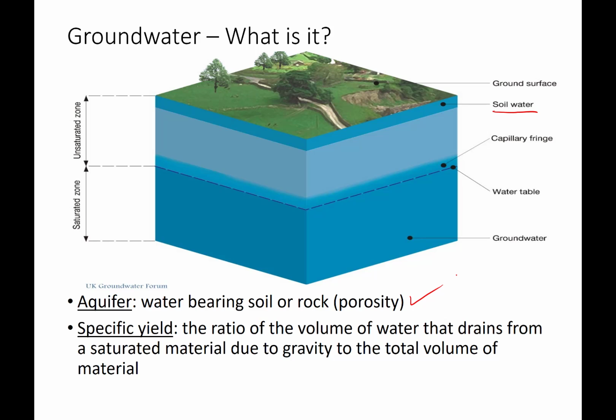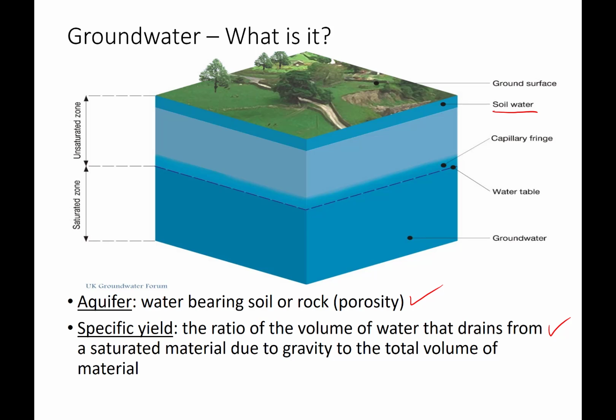And then important to how much water is easily usable from groundwater, we use the term specific yield. And so if the water was just allowed to drain by gravity, what would be the amount of water that you get out?